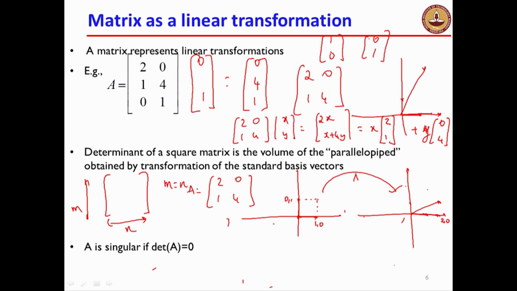Now, the initial area of the unit square was 1. After transformation the unit square has become a parallelogram, and I can ask you what the area of this parallelogram is after transformation.